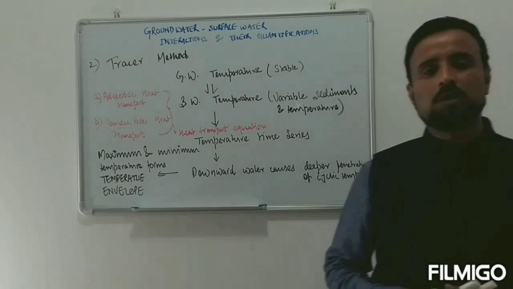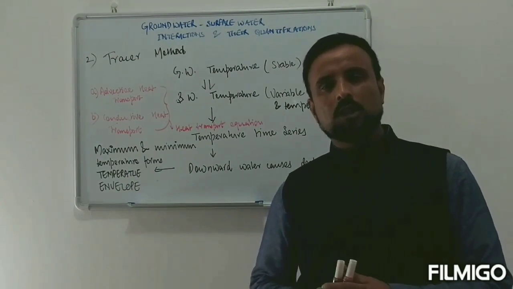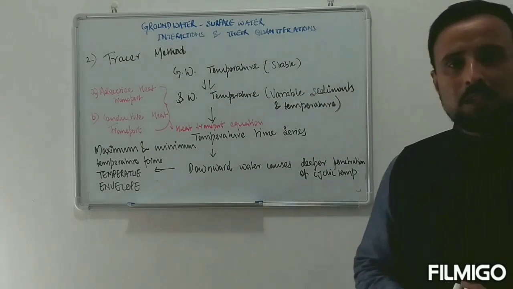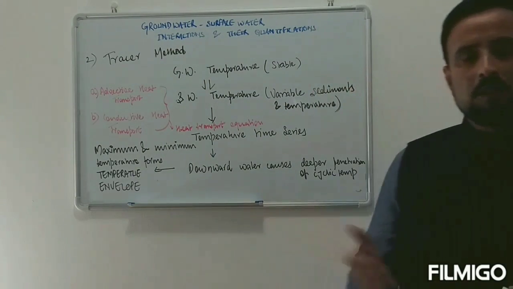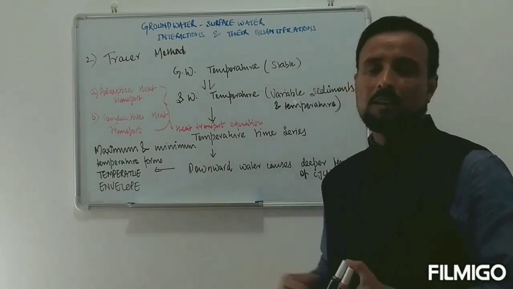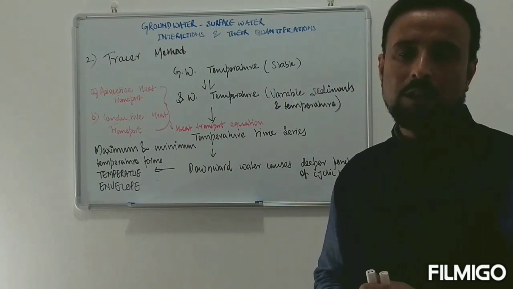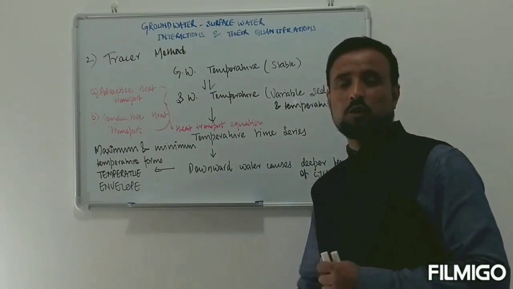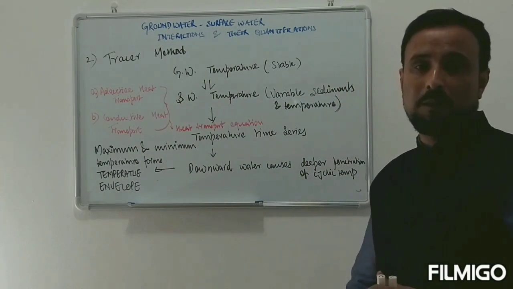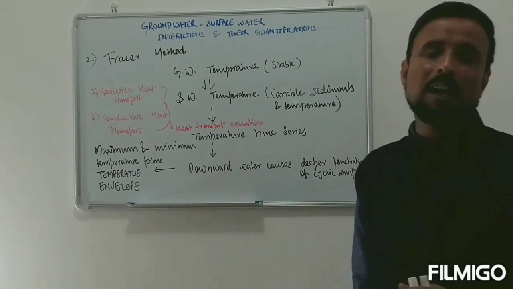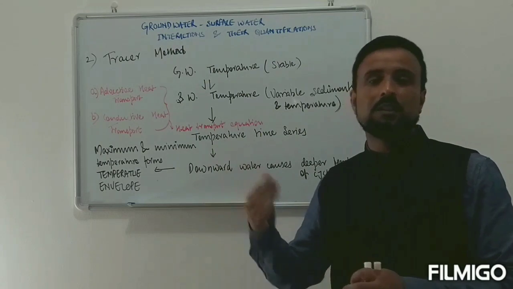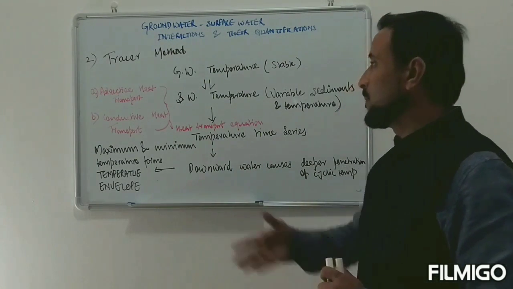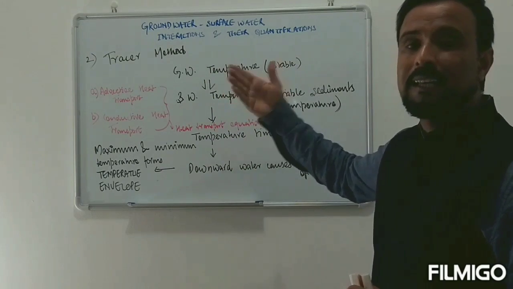Another approach used for quantification of groundwater surface water interactions is tracer-based methods. Tracers are of different kinds. Normally here we are discussing a heat tracer. In the heat tracer method, the groundwater layer and surface water layer have different temperatures, and this temperature variation can be utilized as a heat tracer.